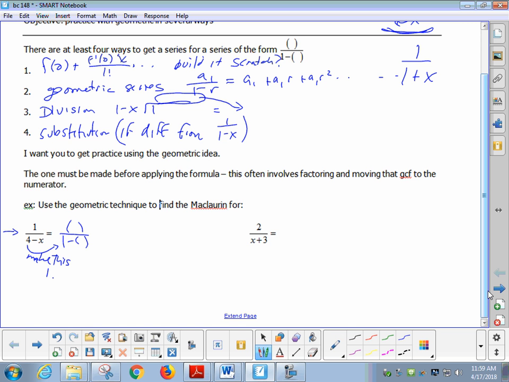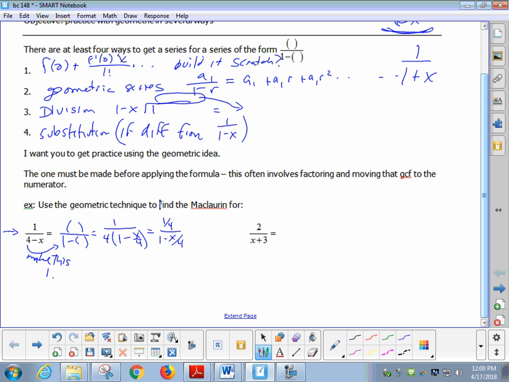We could do that by factoring out a 4. Inside, the 4 becomes a 1, and the x becomes 1/4 x, or x over 4. Do you agree that if I distributed that back, it is right back to where it started? Typically then, you would lump that number in with the numerator and call that 1/4 over 1 minus x over 4.